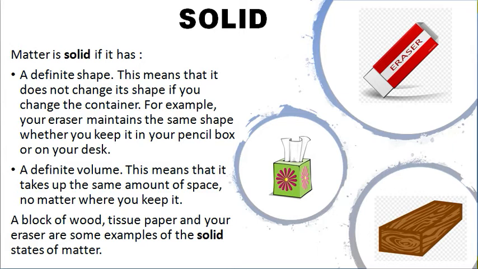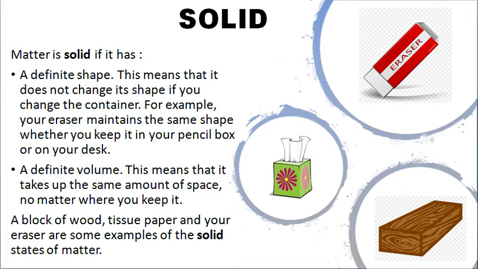What is solid? Matter is solid if it has a definite shape. This means that it does not change its shape if you change the container. For example, your eraser maintains the same shape, whether you keep it in your pencil box or on your desk.